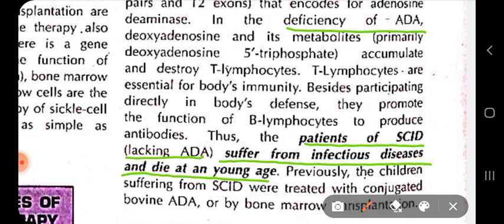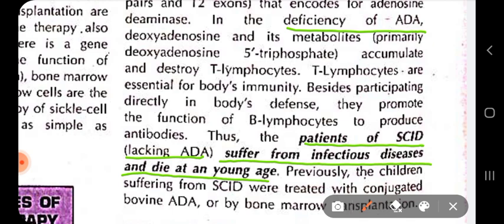in HIV, in AIDS, they disrupt the T lymphocytes, especially the Th cells, the helper T cells, right? Here in SCID, no infection is occurring; due to mutation of the ADA gene that codes for the adenosine deaminase enzyme, it leads to the accumulation of deoxyadenosine and its metabolites, like deoxyadenosine 5' triphosphate, within the blood and destroys the T lymphocytes.